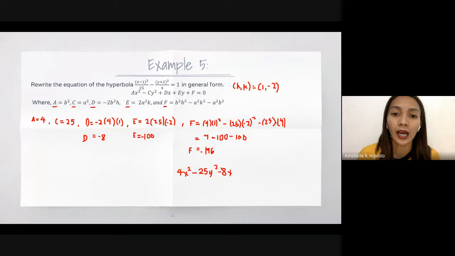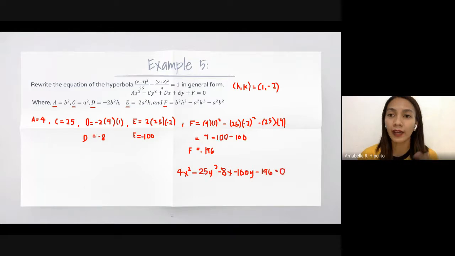And then our E is negative 100, so minus 100y. And then our F is negative 196, so minus 196. So that is equal to 0. Okay, so do we have the same answer? 4x squared minus 25y squared minus 8x minus 100y minus 196. Let's check if we have the same answer.